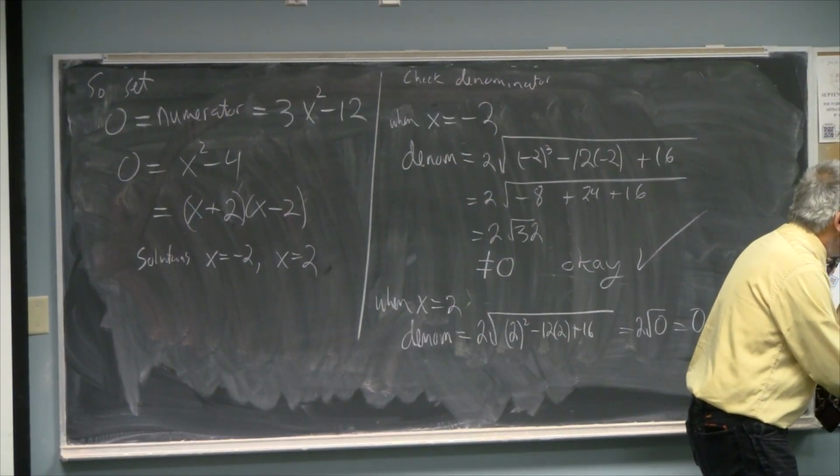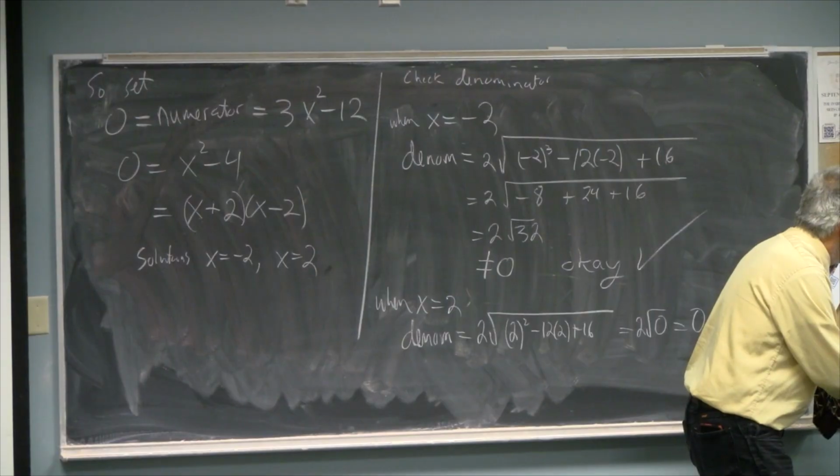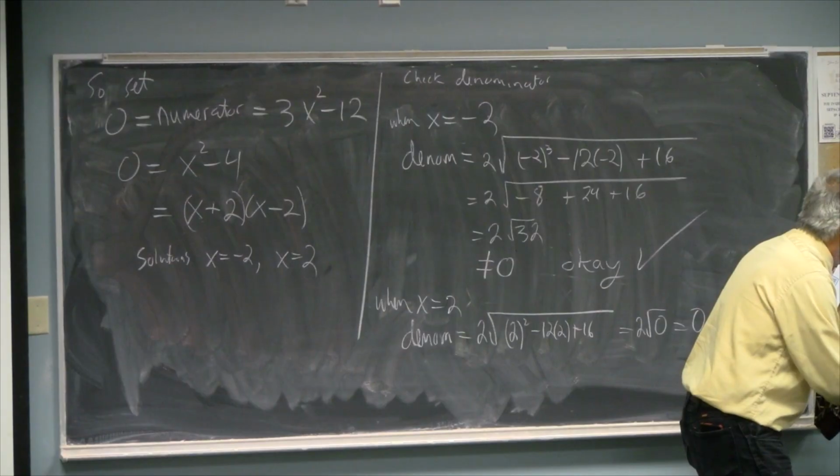We do our original function, which was square root of x cubed minus 12x plus 16.